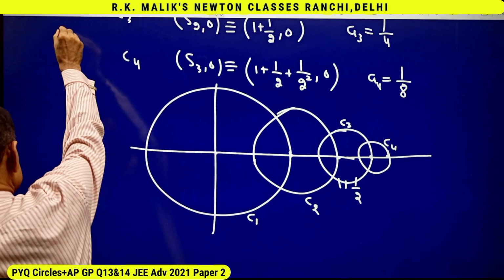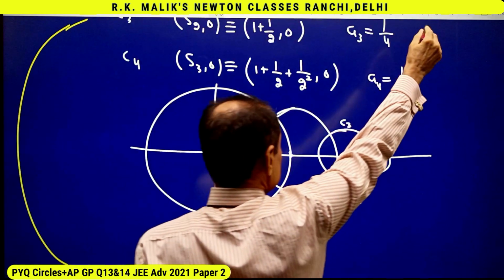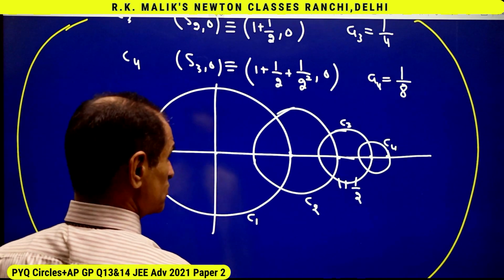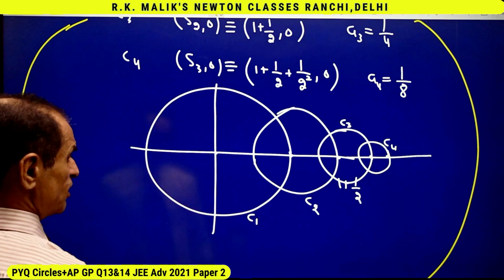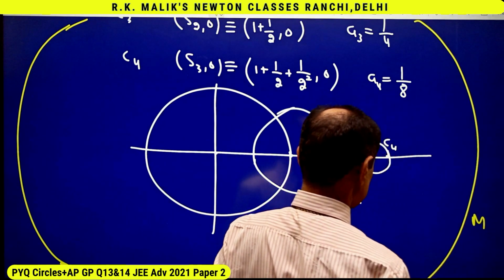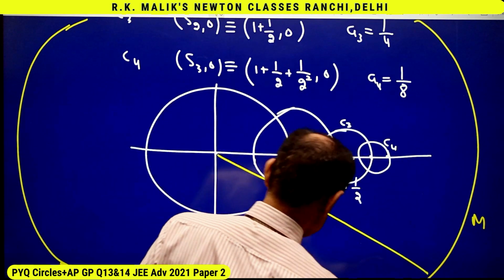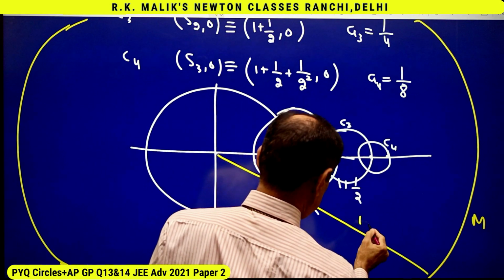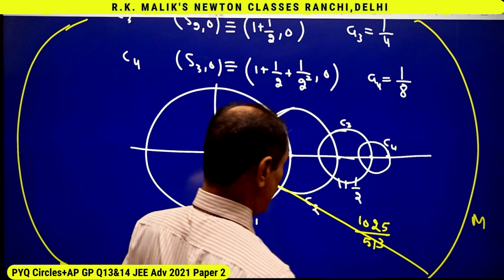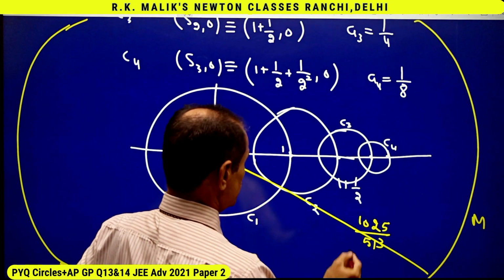That is, this is the circle of set M and radius of this circle is 1025 by 513. Recall that this point was having x coordinate 1.